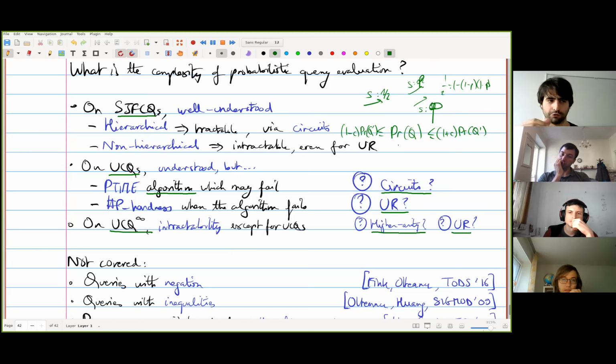And if this holds for both queries, you could say they are approximately equivalent, something like that. And then maybe something interesting would happen.